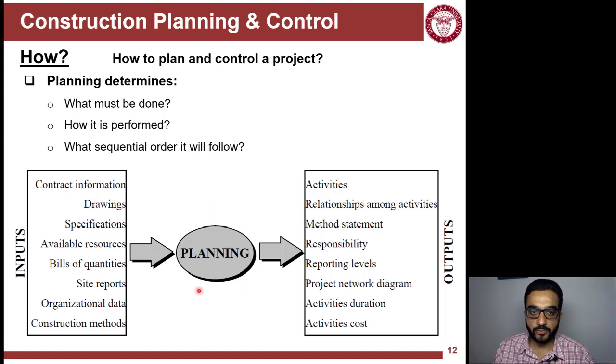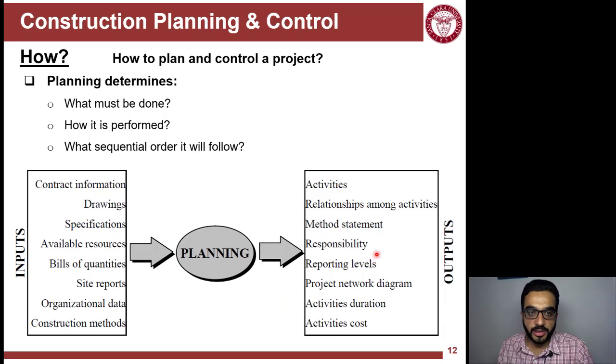For input, you have to have all the information about the project, plans, specs, and then out of this you can develop more inputs, so quantities, bill of quantities. You need to define what construction methods are available for this project, so you can select from them what's applicable in the method statement for the different activities you identified, and the sequencing and all of the other outputs you have.